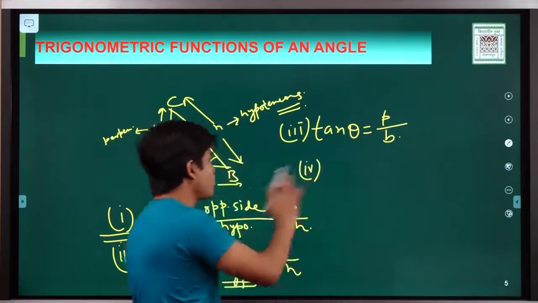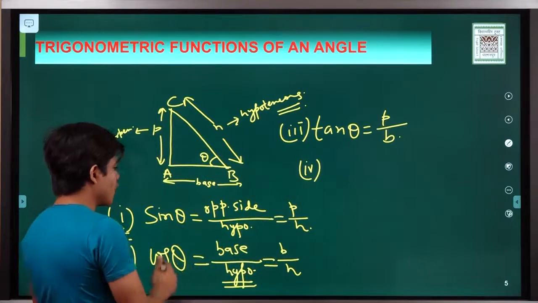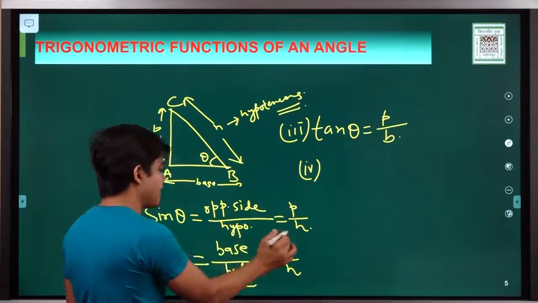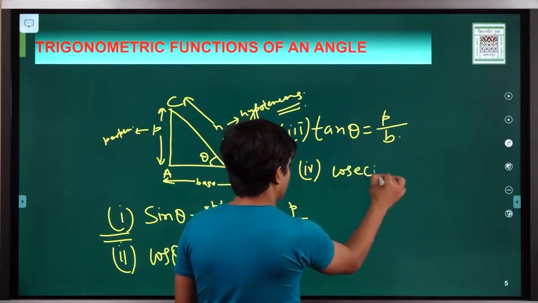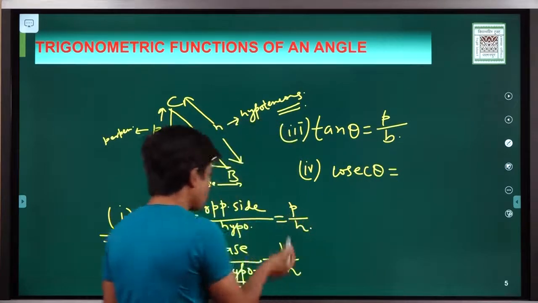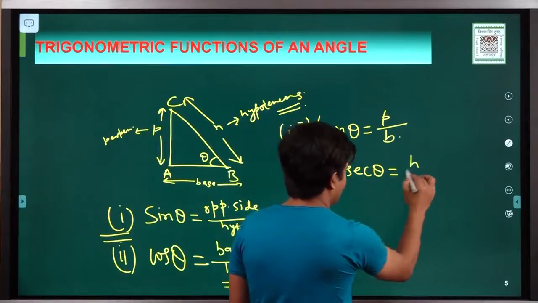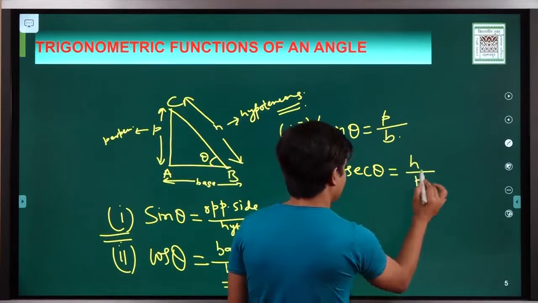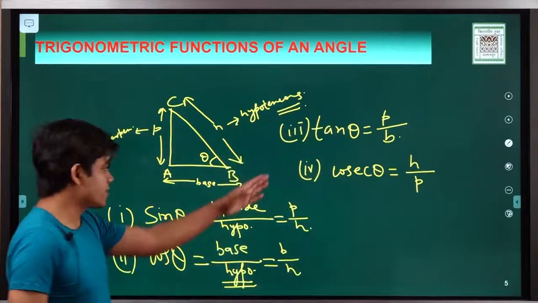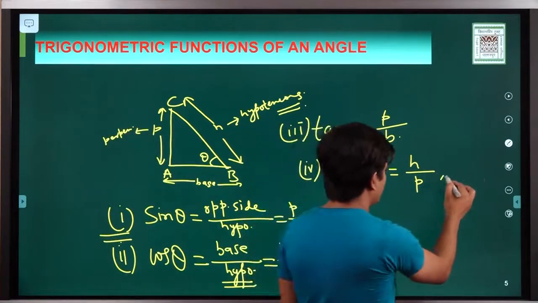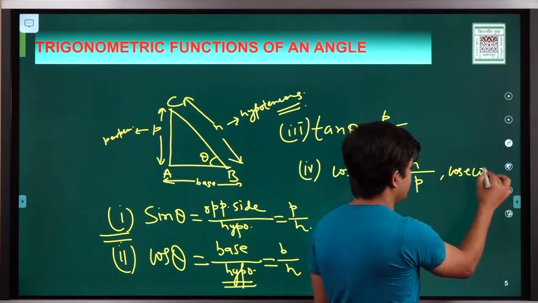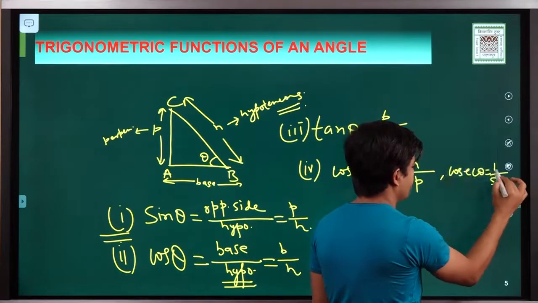And now the reciprocals of it. We have sine theta, P by H. Then we will discuss cosec theta. Cosec theta will become H by P. It is just the reciprocal, meaning cosec theta is just 1 by sine theta.